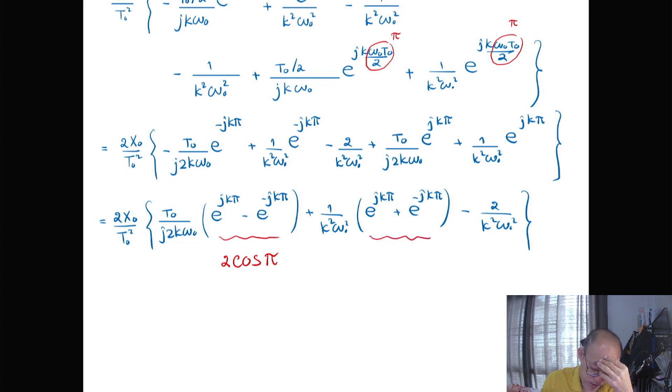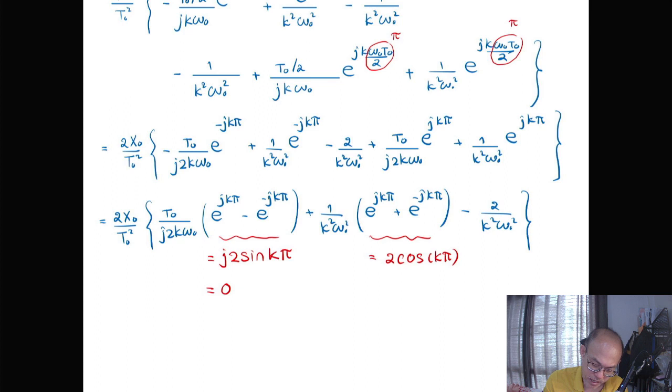And this one, no, sorry, this one is j2 sine of pi, okay, and this one is 2 cosine k pi. Okay, but sine of k pi is 0.